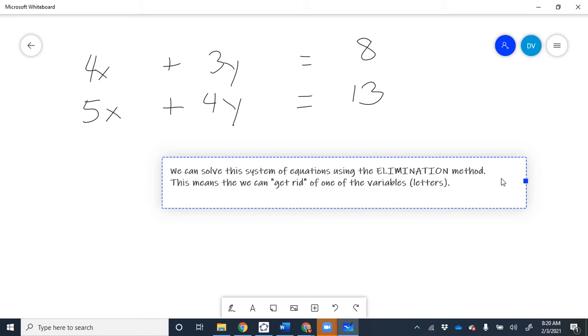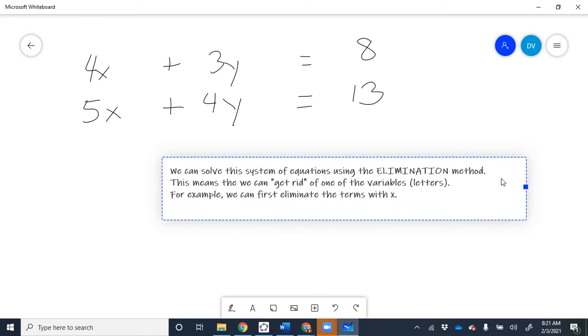So right now, for example, we can first eliminate the terms with x.